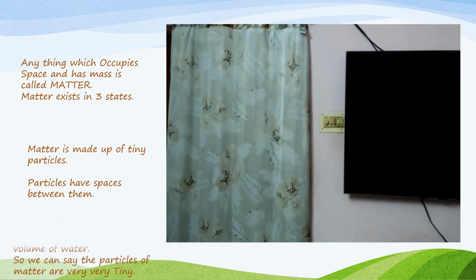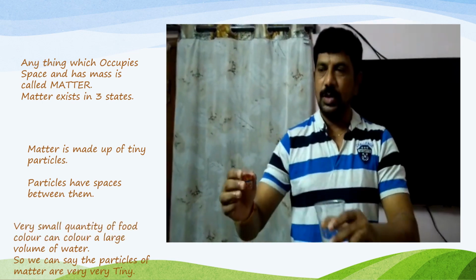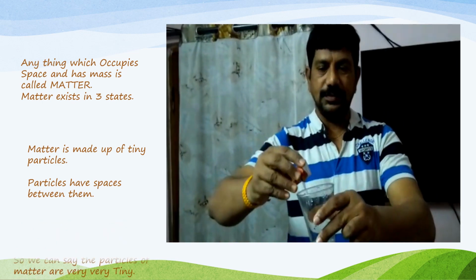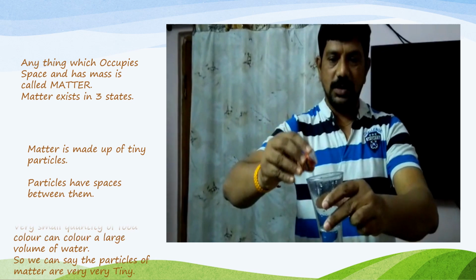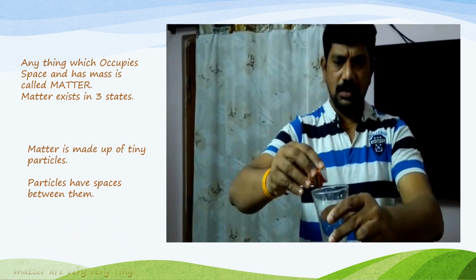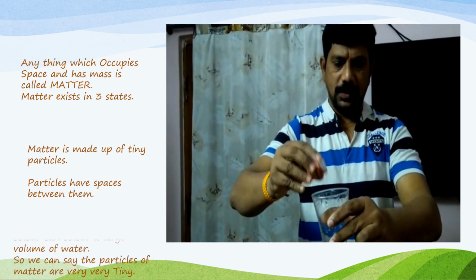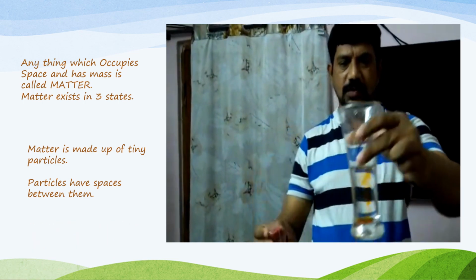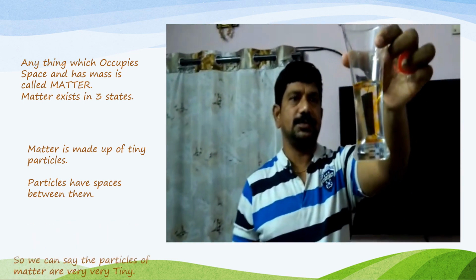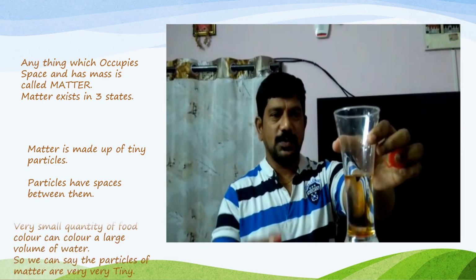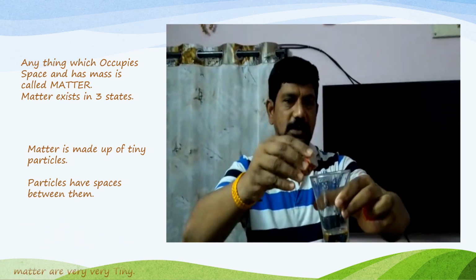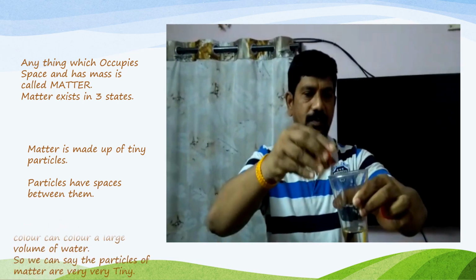This is the food color. So I have taken a pinch of food color, a small quantity of food color. See this one, just a very small quantity. You observe this. What happened to the small quantity of food color? See, once again, you look carefully.